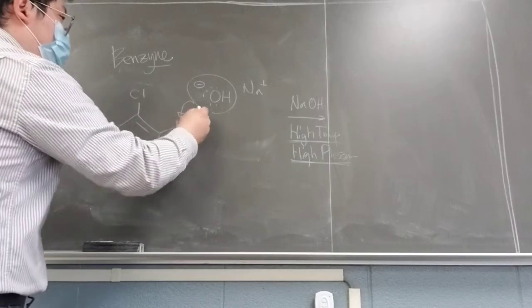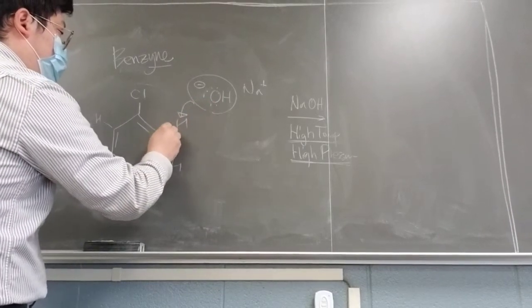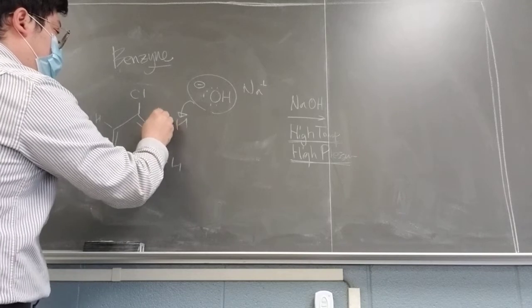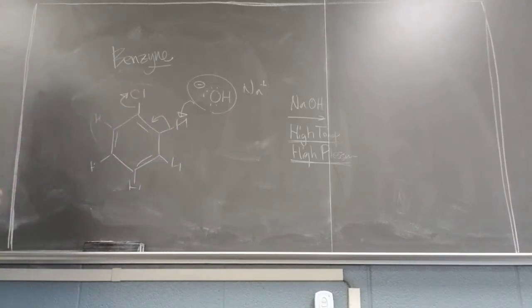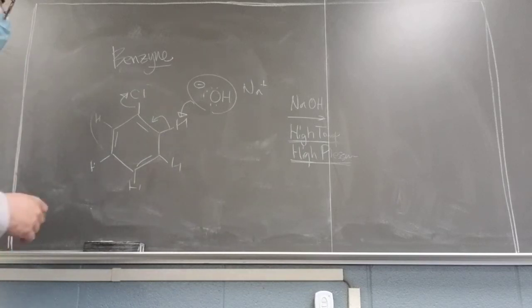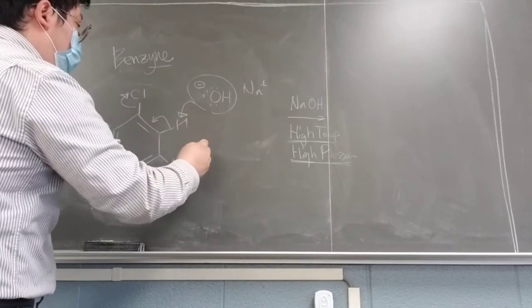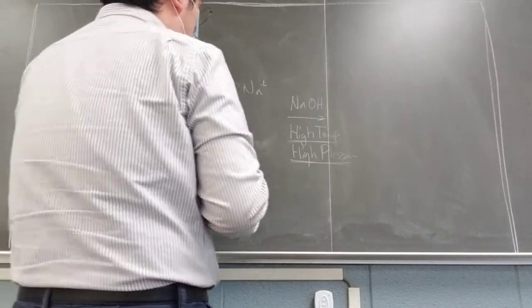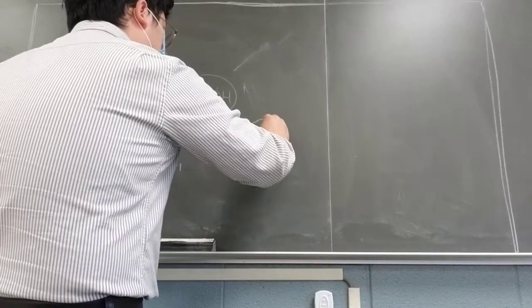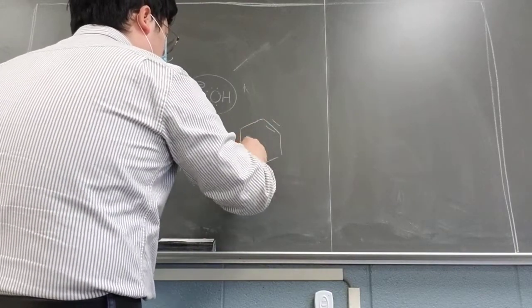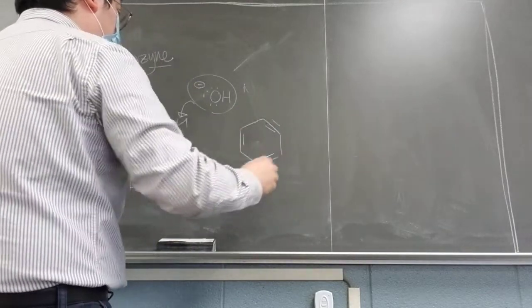Then the electrons in here will go to this one, and this will make the leaving group leave quite easily. So if that happens here, you have this one.